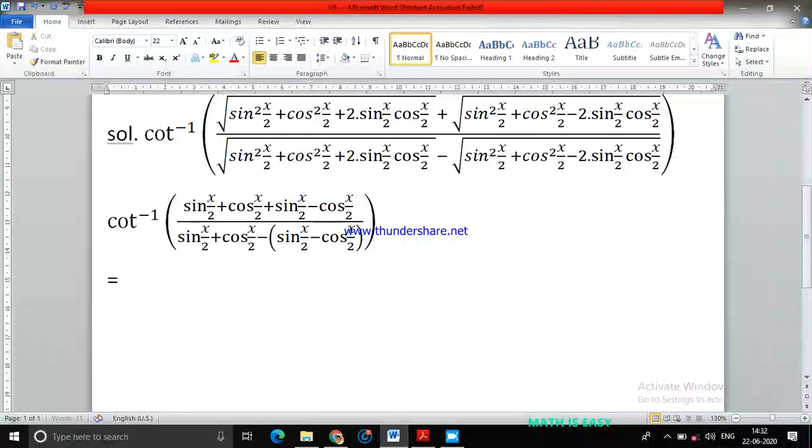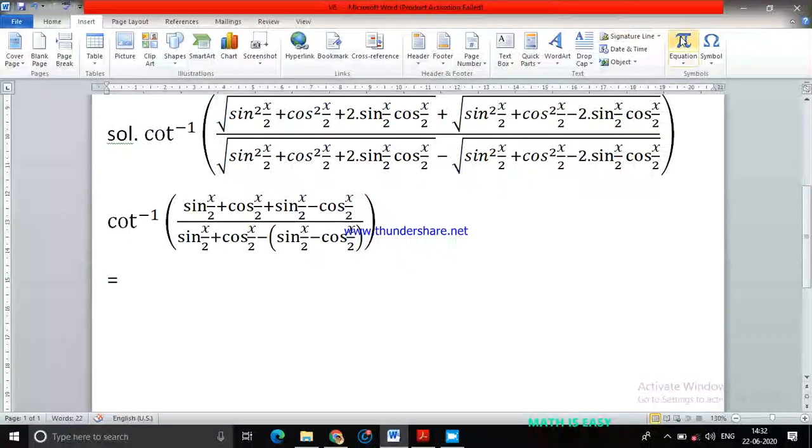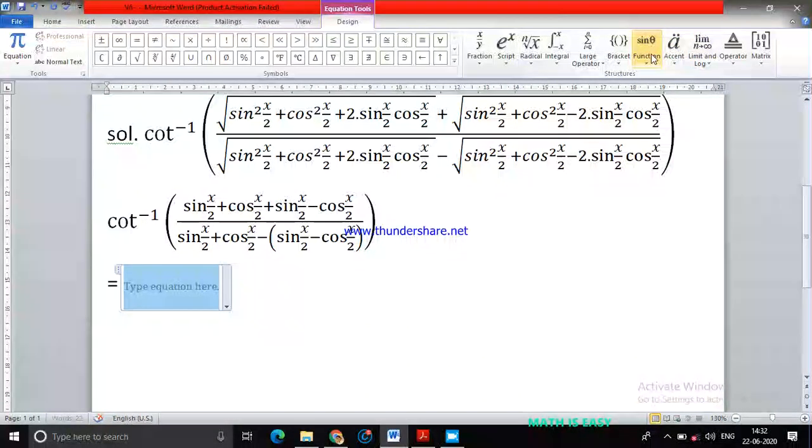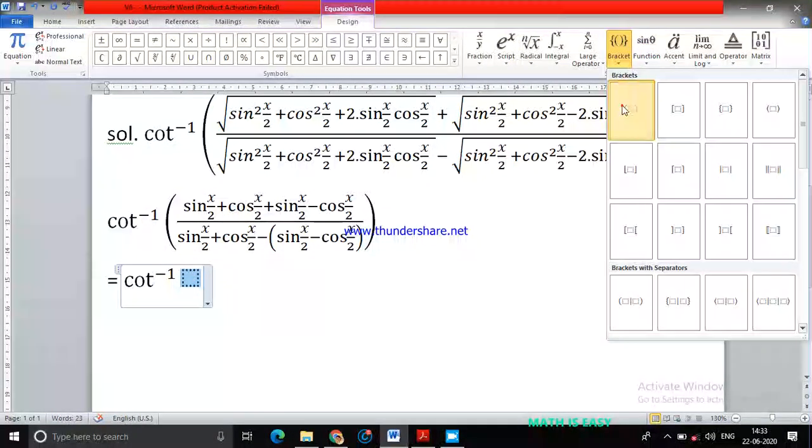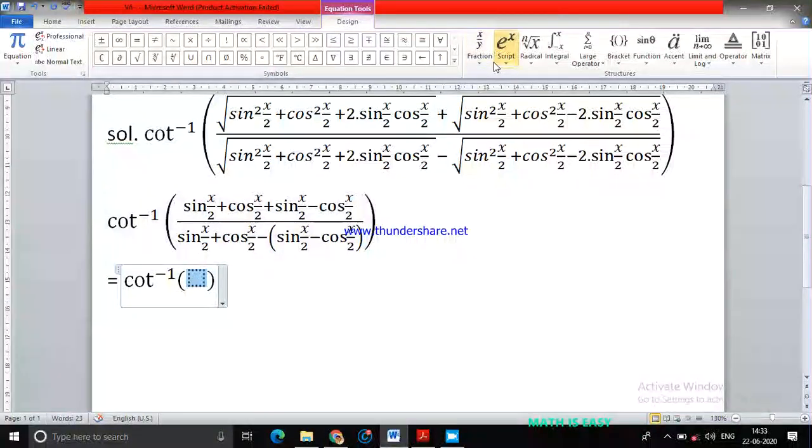So next step, you simplify this one. See what do you get, which is equals to, in the numerator plus cos x by 2 minus cos x by 2 will get cancelled, and in the denominator, if I open the bracket here, this will become minus sin x by 2 and plus sin x by 2 will get cancelled. Let me write whatever is left out. Cot inverse, this is left out here, and here a fraction will come. In the numerator, cos x by 2 will get cancelled.